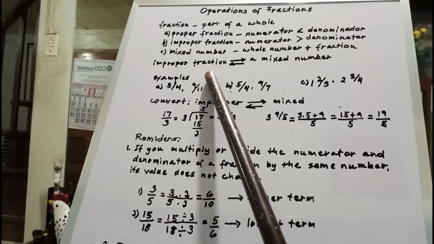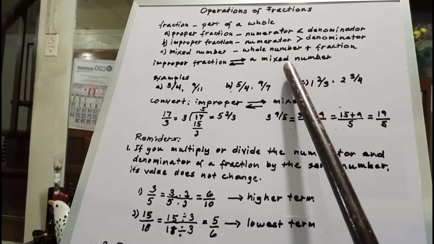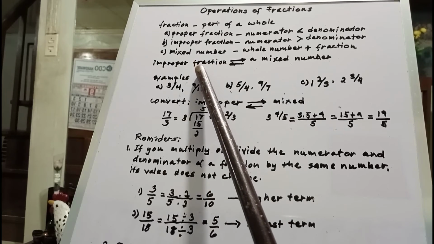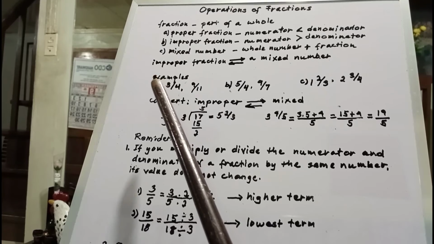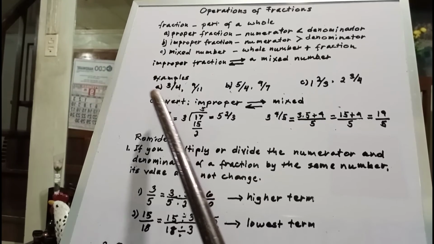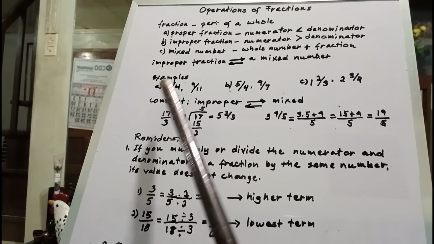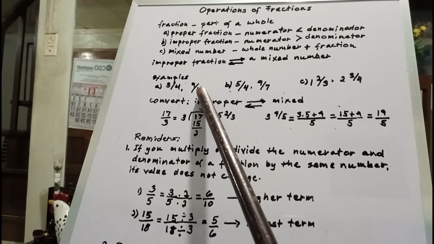An improper fraction can be converted to a mixed number in the same way that a mixed number can be converted to a fraction. Example, for letter A, proper fractions, we have 3 over 4 and 9 over 11.